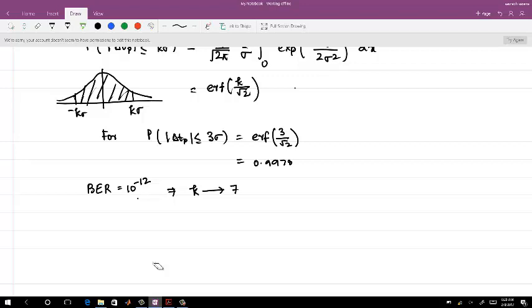Let me just ask this: if BER equals 10 power minus 9 and I increase the bit error rate, then what will the K be? Is that the question, whether the K is 5 or not?